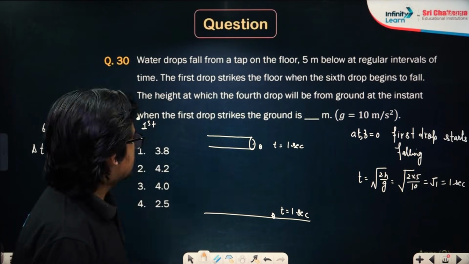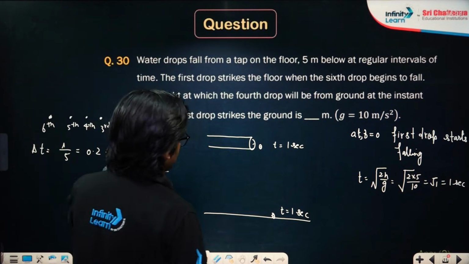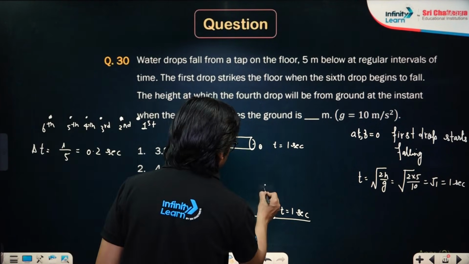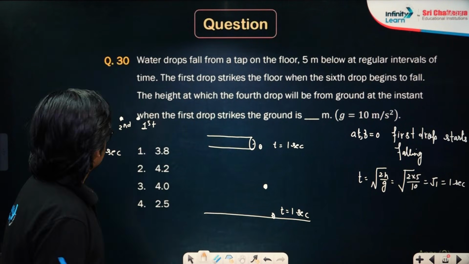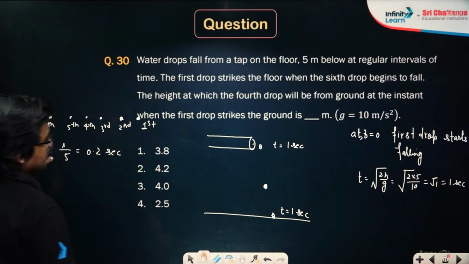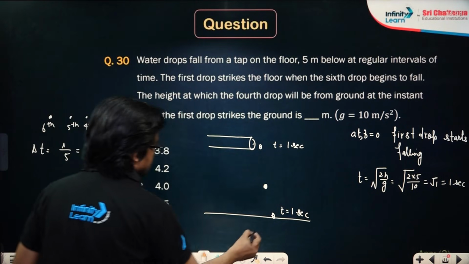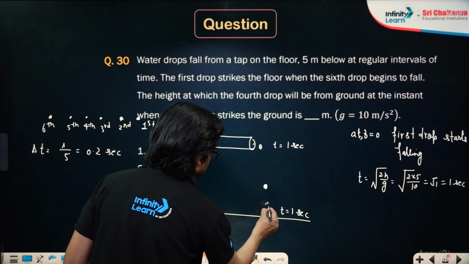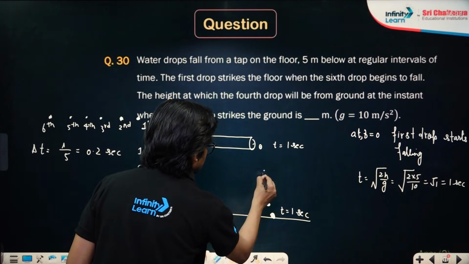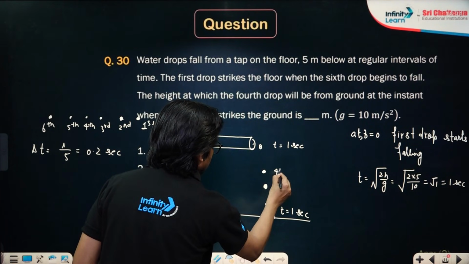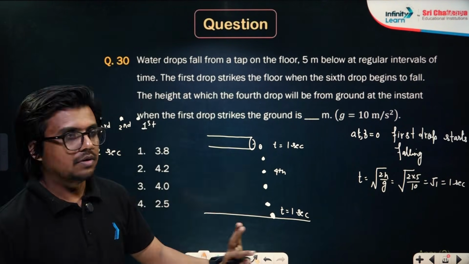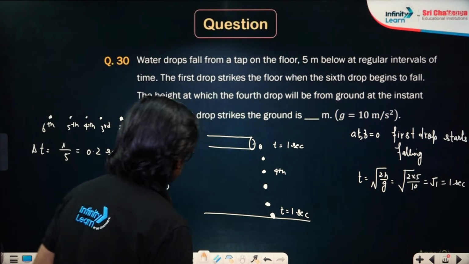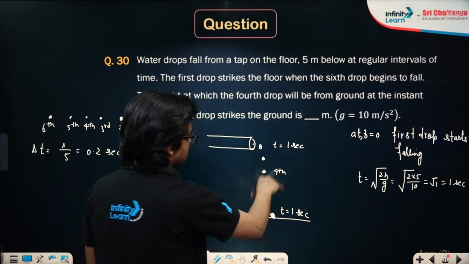So when the fourth one is here somewhere, this is the first one, then there is the second one, then the third one, here is the fourth one, and here is the fifth one. Space can differ between them, space is not the same.